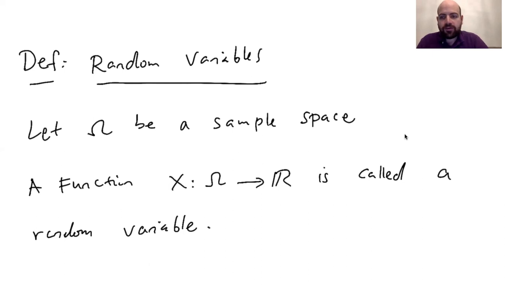We can assign, for example, minus 500 to head, head, head. We are allowed to do that because we are saying that any function capital X from omega to R is a random variable. So if we assign minus 500 to head, head, head, it is still a function from omega to R and still a random variable.